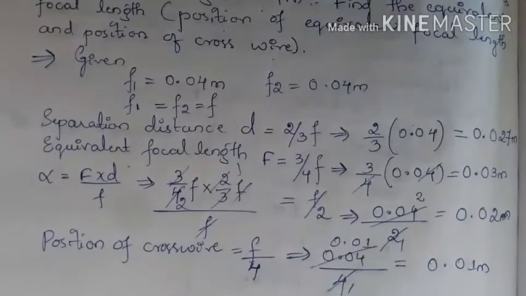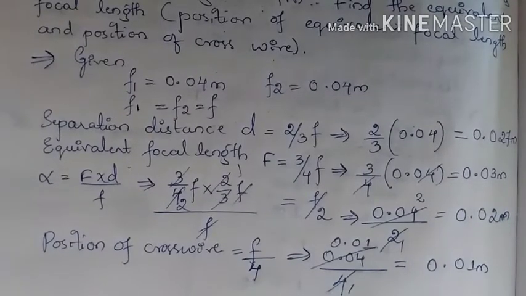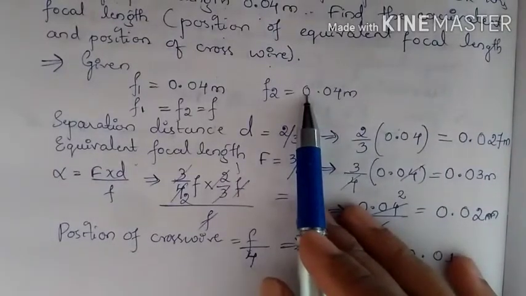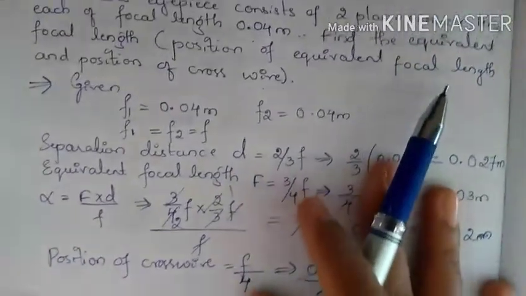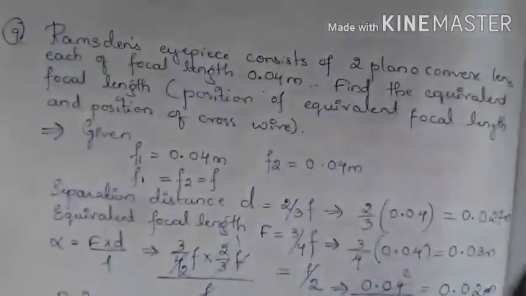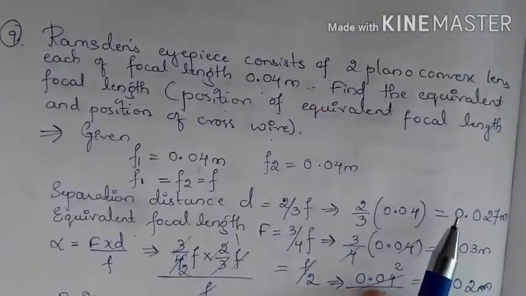If you know all the formulas clearly, then you can solve these kinds of problems within a minute. So this is the solution for the 9th question. Now let us move to the 10th question.